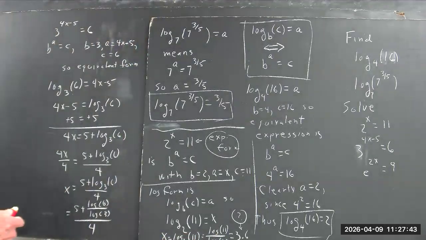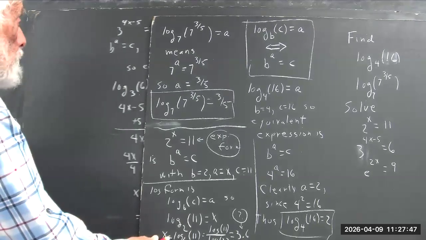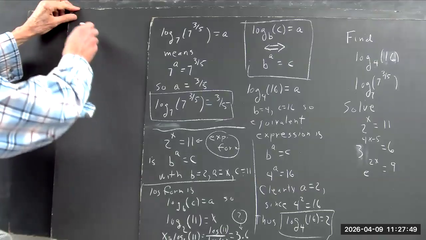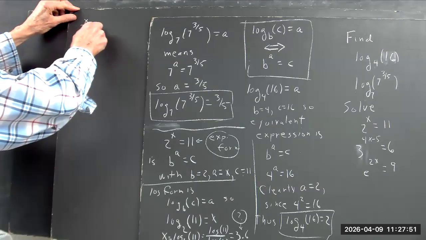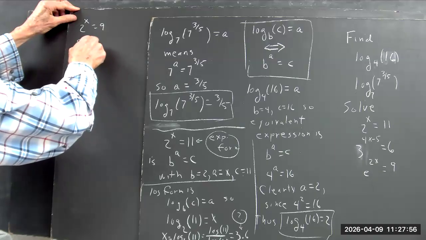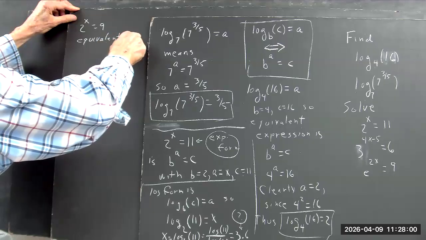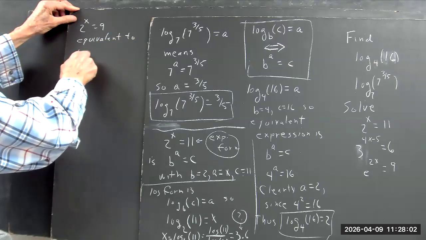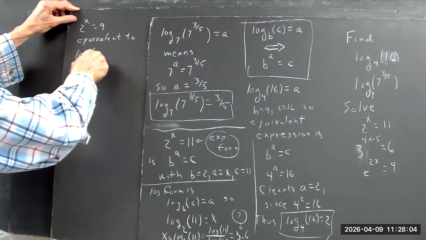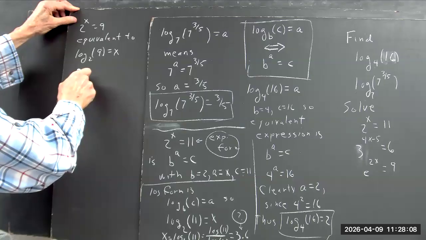Now 2 to the x equals 9. Dispose of that one pretty quickly. This is equivalent to log base 2 of 9 equals x.